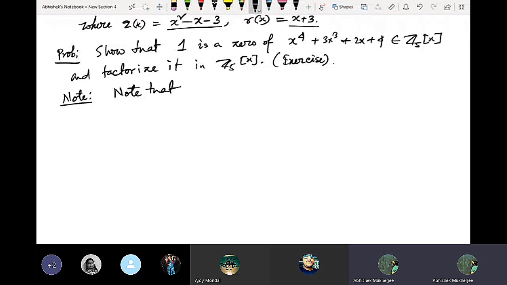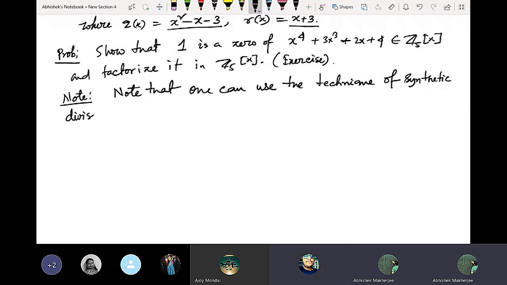Okay. So note that one can use the technique of synthetic division as well. Okay.